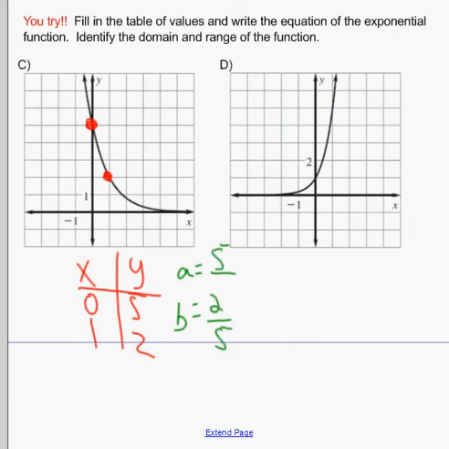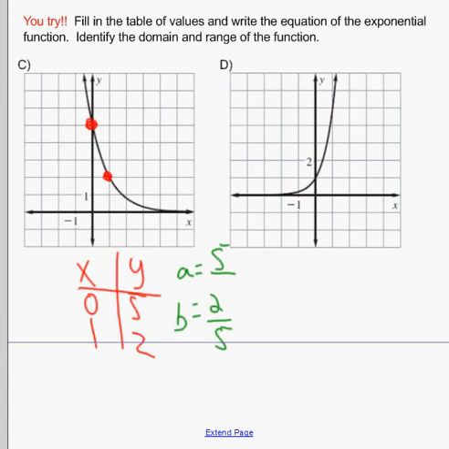All right, welcome back. Okay, our A value is 5 because where X is 0, Y is 5. Okay? And our B value is 2 over 5. And here's why. I know that this is exponential decay, so I know that the number has to be less than 1. I need to figure out, how am I going from 5 to 2? Well, I'm multiplying by 2 over 5.